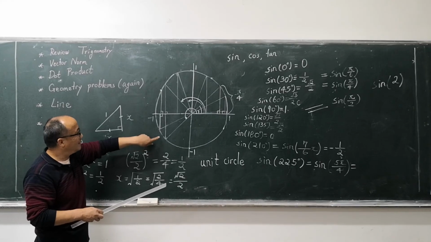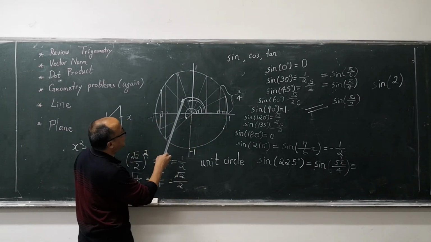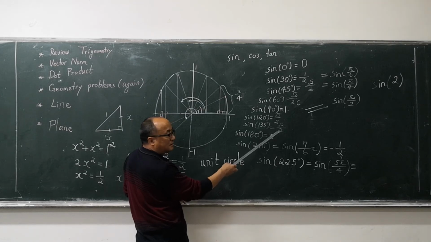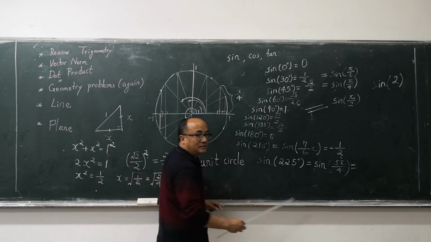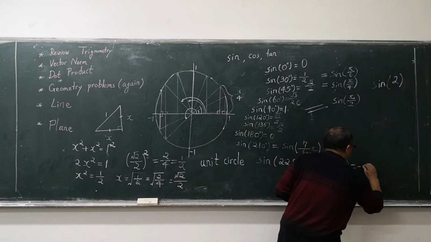So this value, what's here? And what's here? Minus radical over. Right, it's a minus.